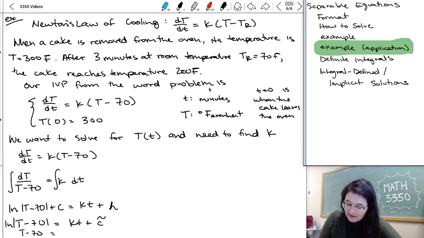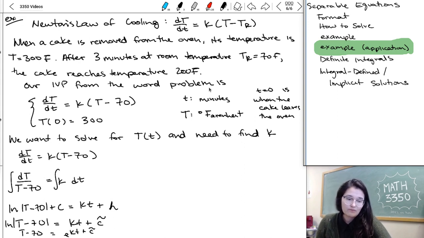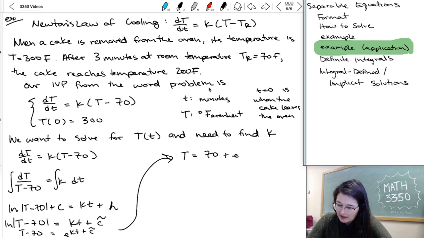Or T minus 70 is equal to e to the kt plus that C tilde. And I'm going to move up here to keep rearranging things. That means that T is equal to 70 plus e to the kt plus C tilde. And I'm going to do that thing again.